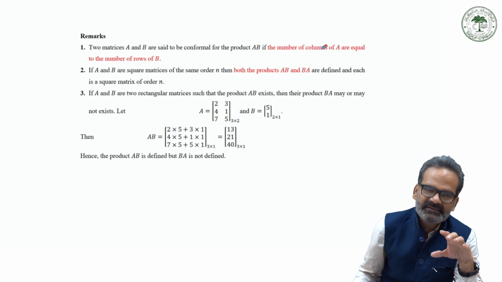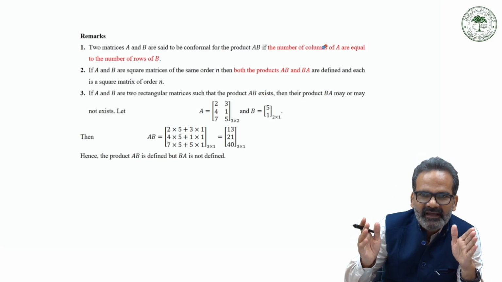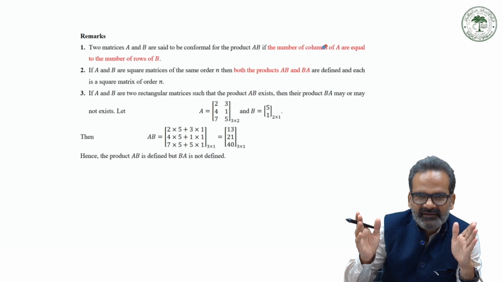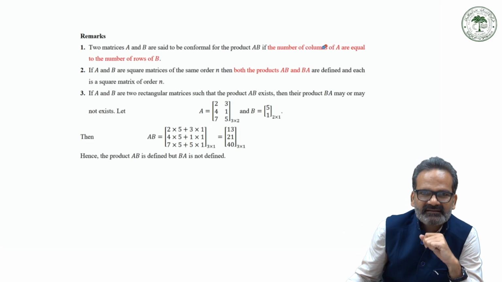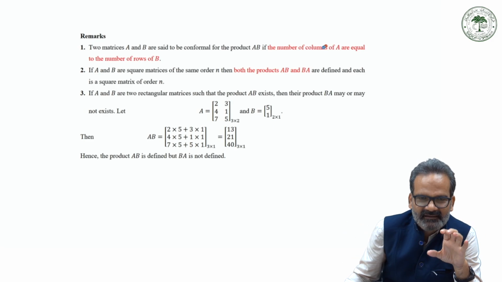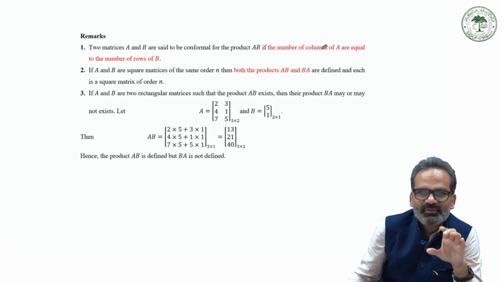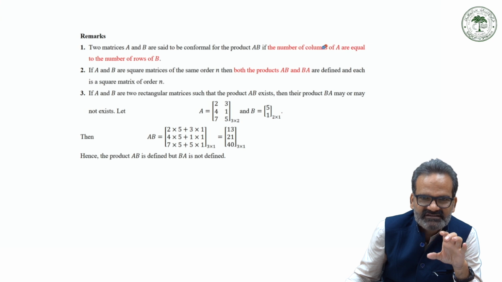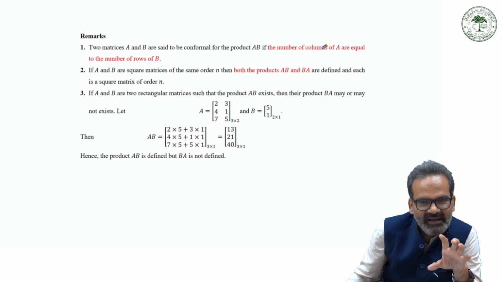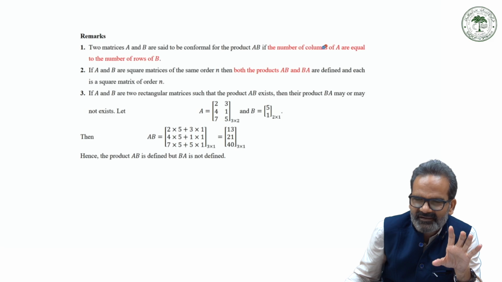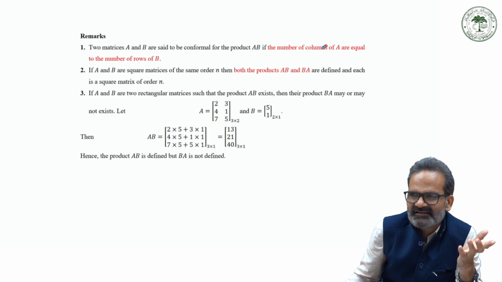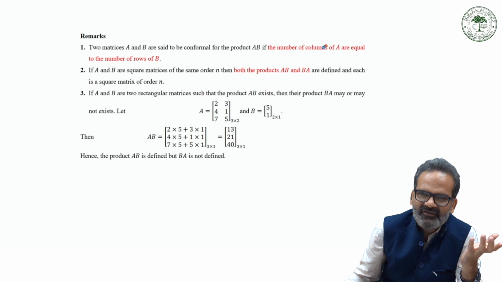This condition must be examined if you are multiplying A and B and they are rectangular matrices. Are you getting the point? The prerequisite condition for multiplication of two matrices, that columns of the first matrix should be equal to rows of the second matrix, must be checked if both the matrices are rectangular. But if matrices A and B are square matrices, they already satisfy this condition, so you have nothing to check.